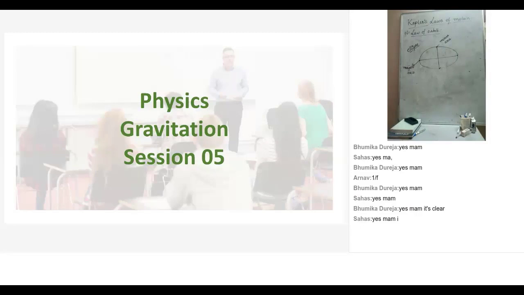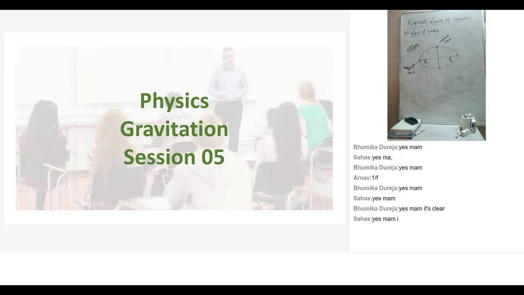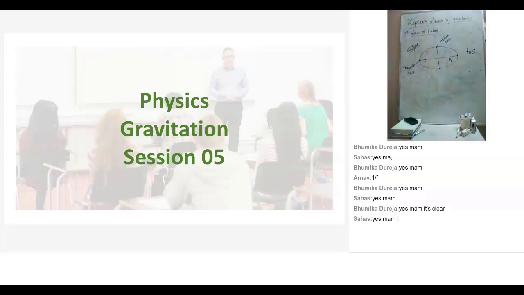Now an ellipse has two main points on the major axis, and they are called foci. They are located on the major axis, on either side of the minor axis.